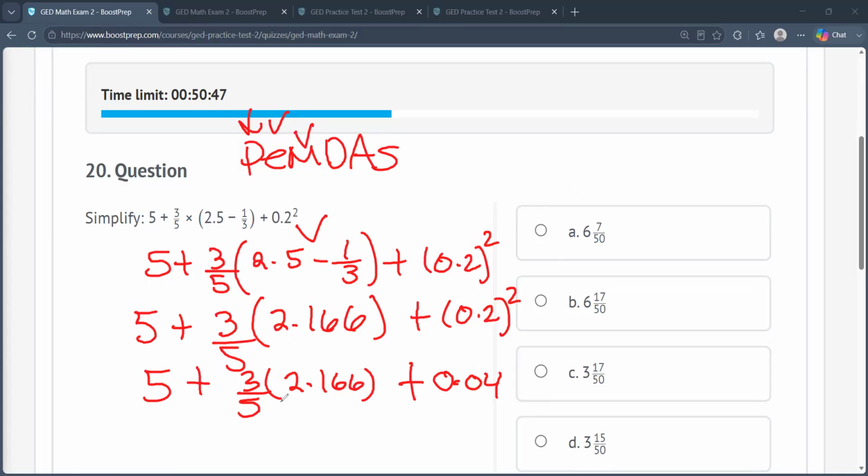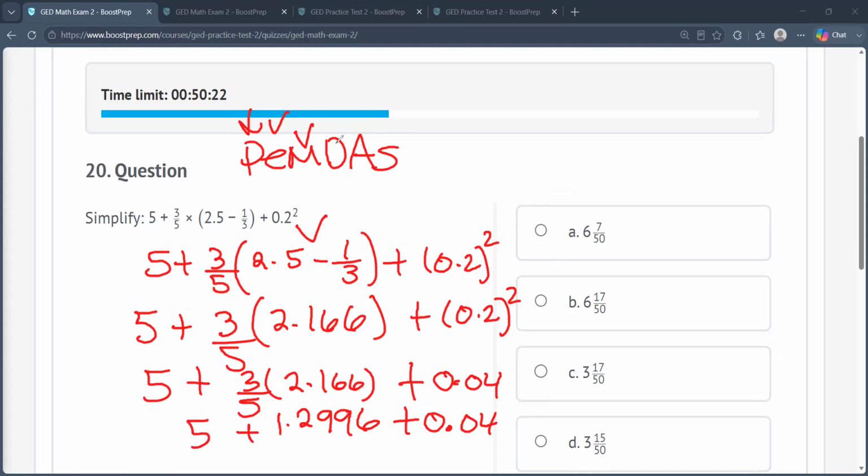Yes, 3/5 times 2.166. Put that in the calculator: 3 over 5 times 2.166, and I get about 1.2996. Bring down the leftovers.